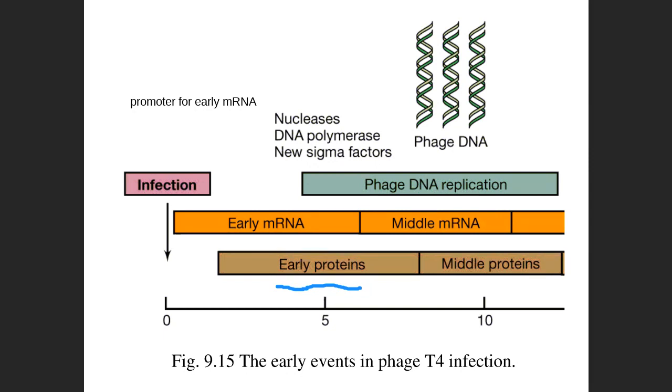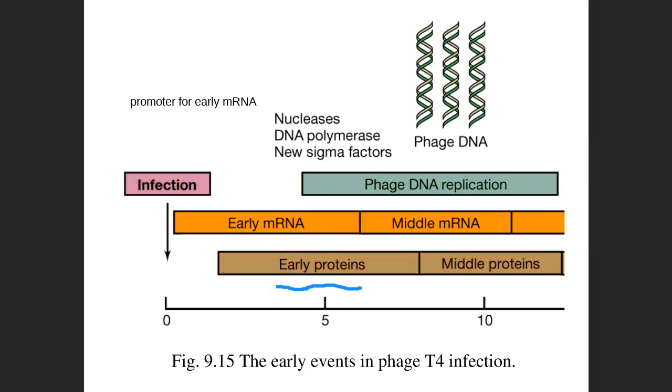And so now you have the phage DNA, and you have the new sigma factor. And so now the middle mRNA gets transcribed and then translated. Okay.